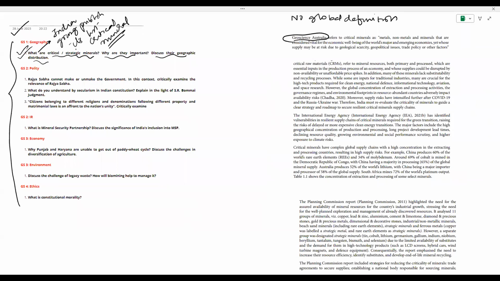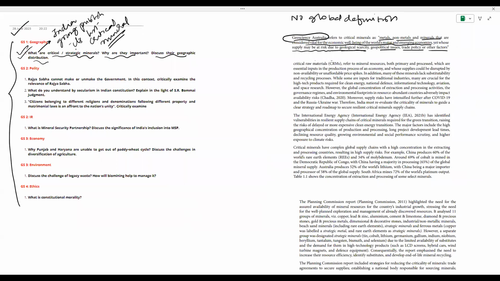Australia says: metals, non-metals, minerals that are considered vital for the economic well-being of the world's major and emerging economies, yet whose supply can be at risk due to geopolitical issues, geological scarcity, and trade policy or other factors.